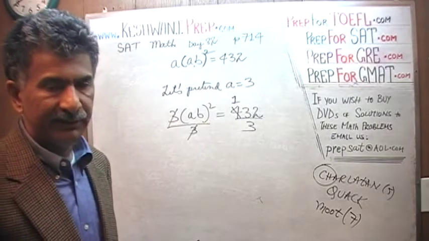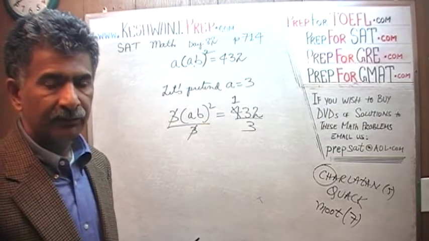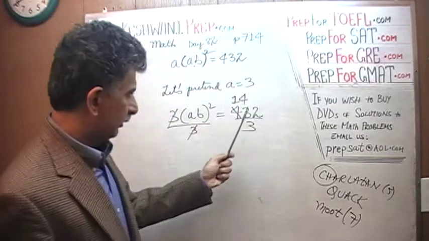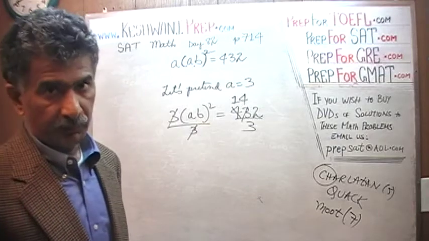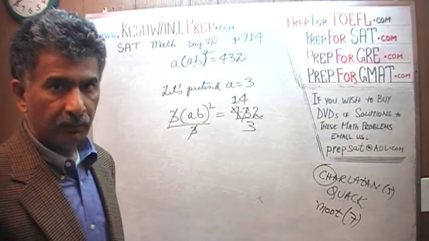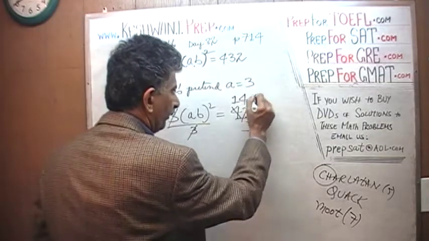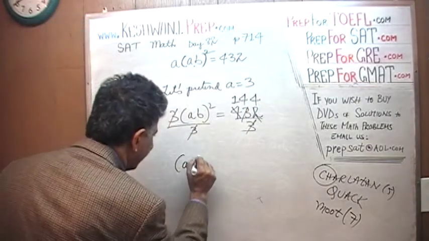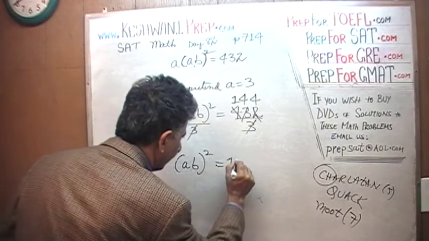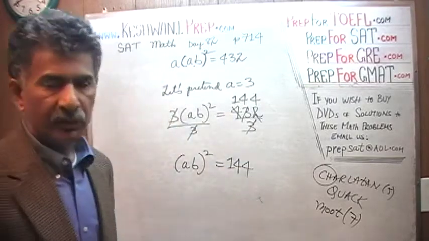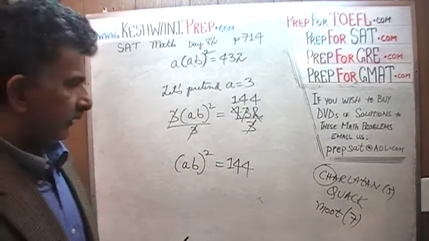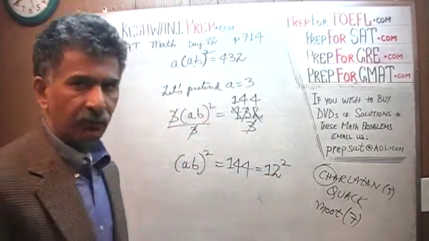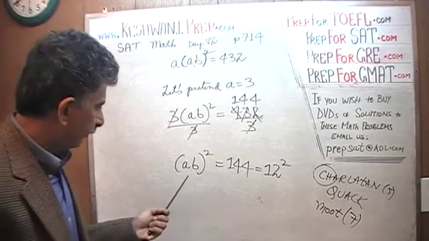How many 3's in 13? 13 has 4 3's. 4 3's are 12. The remaining one goes and joins this 2, becomes 12 again. How many 3's in a 12? 12 has 4 3's. And we get 144. So now we have AB squared equals 144, which is a perfect square, because 144 equals 12 squared.